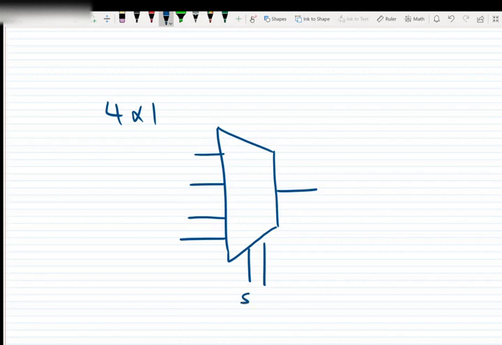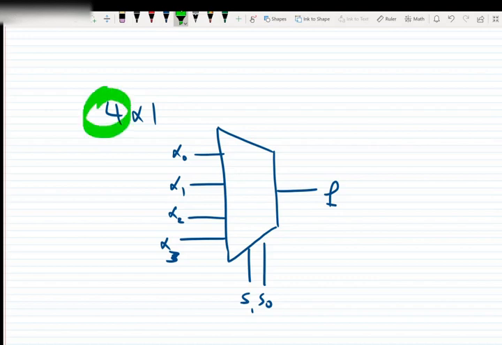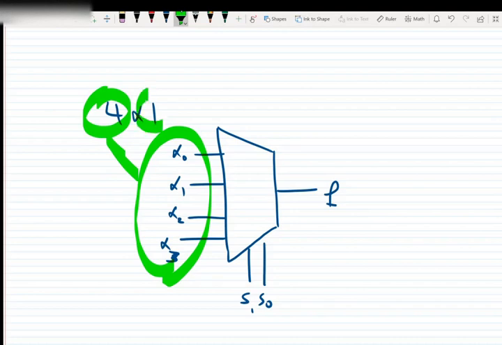So S1, S0, X0, X1, X2, X3, and F. So 4 indicates the number of inputs. What is this 1? This 1 shows the data size of each line.